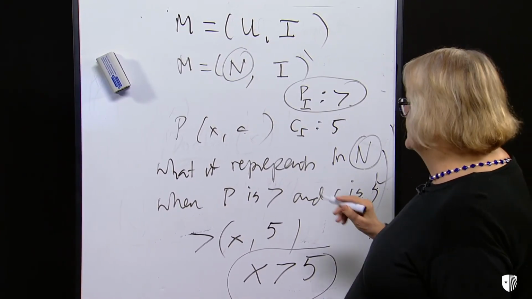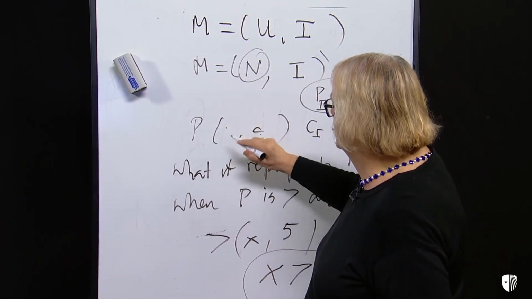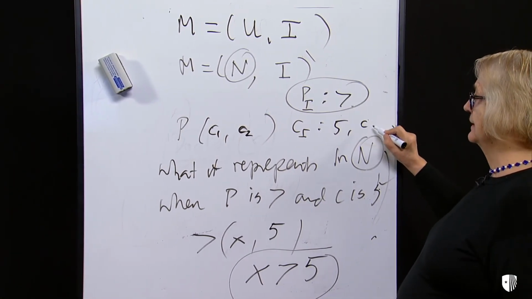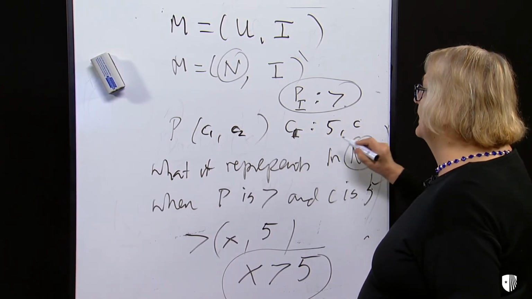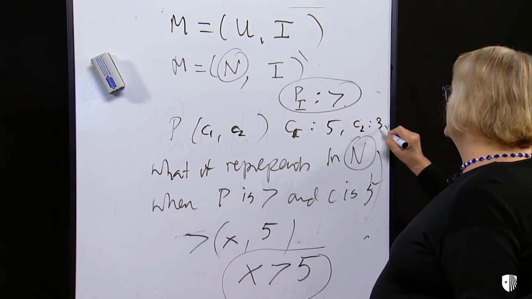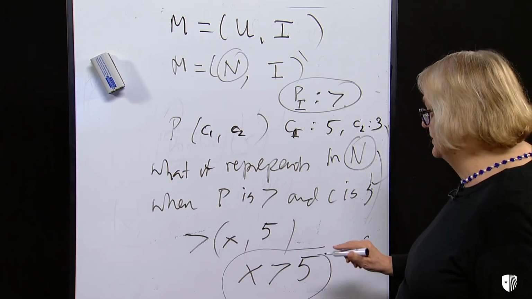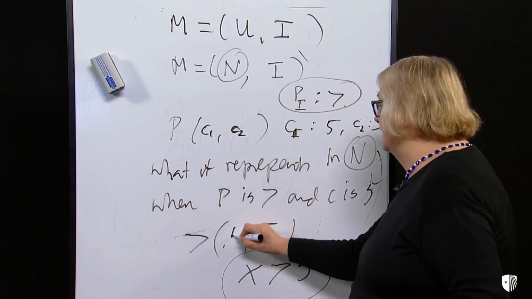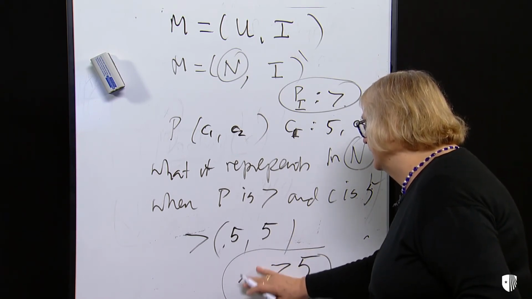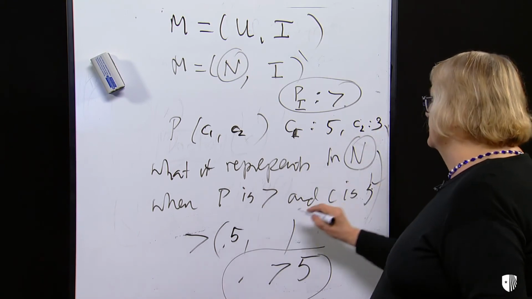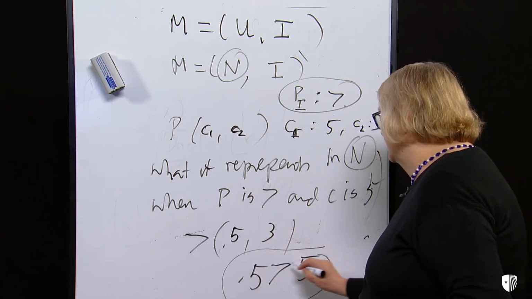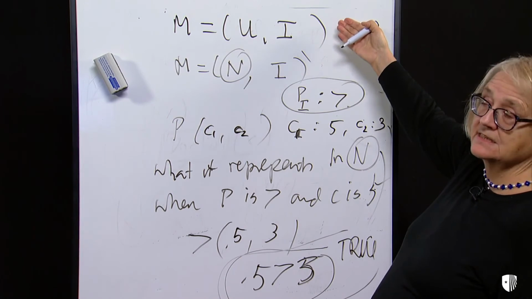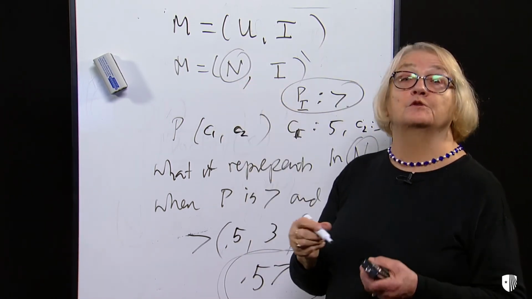And for example, if I have c1 and c2, and the same interpretation, but c1 is 5 and c2 is 3, I would get 5 greater than 3, and I would get a true statement in the structure under that interpretation in that universe.